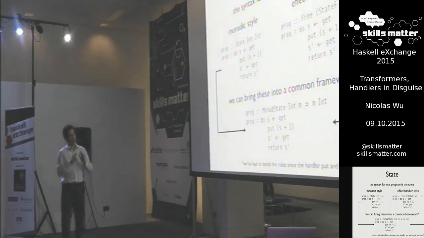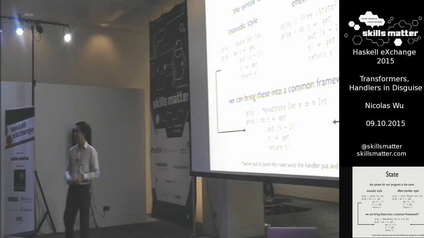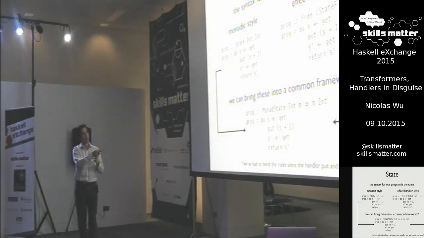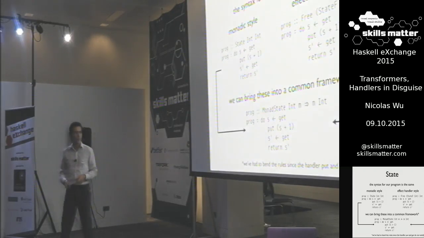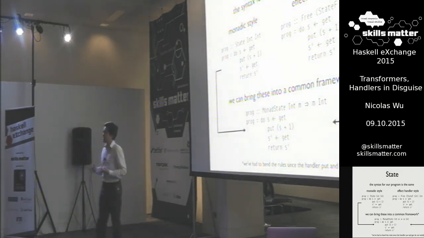So there's an asterisk here, because I've lied just a little bit. I've said that here we have a program, we've got this get and put, and we want to unify this into being some kind of MonadState thing. And I'm lying because the get-put laws, whatever they may be, are not satisfied when we deal with a free monad.